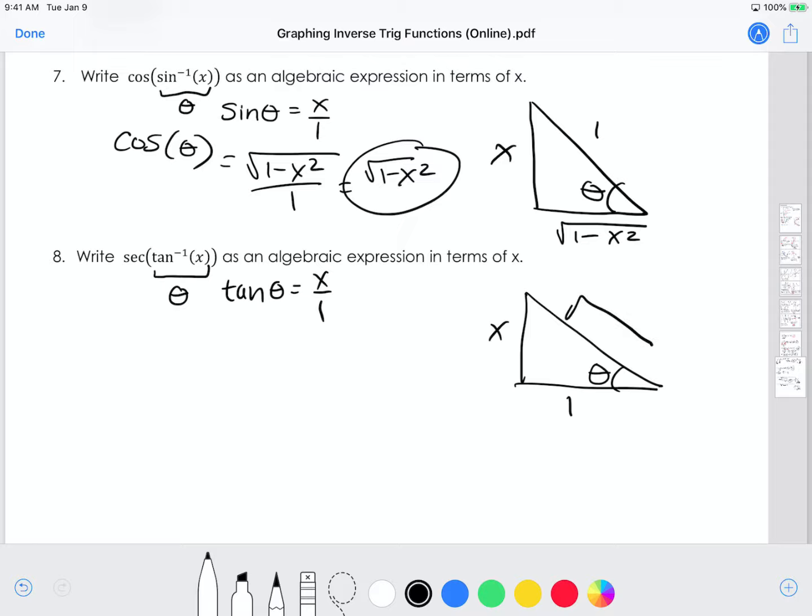So using Pythagorean theorem, I can find that it's the square root of x squared plus 1 as my hypotenuse. And then I want to find secant of that angle. Secant is hypotenuse over adjacent. So that is square root of x squared plus 1 all over 1, which is square root of x squared plus 1.